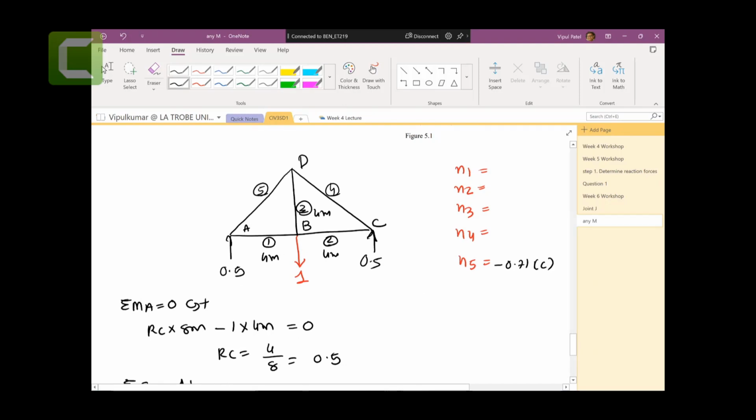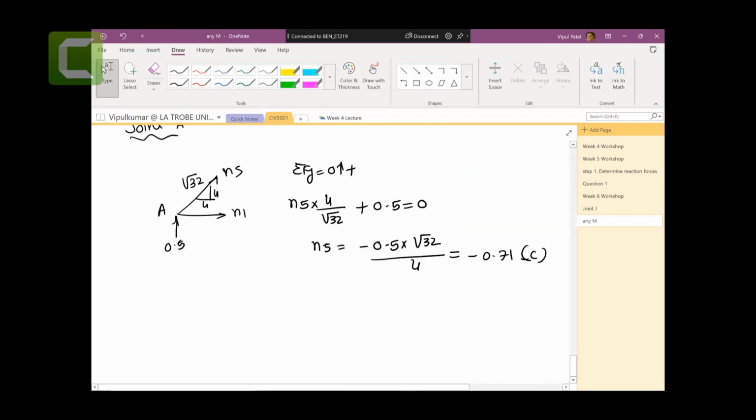And that N5 would be the same as N4. So let me put it that way. All right. If you want to do the calculation, you can do joint C and you will see the matching. All right, joint A. Then we can find the sum of the forces in the x direction, left to right is positive.